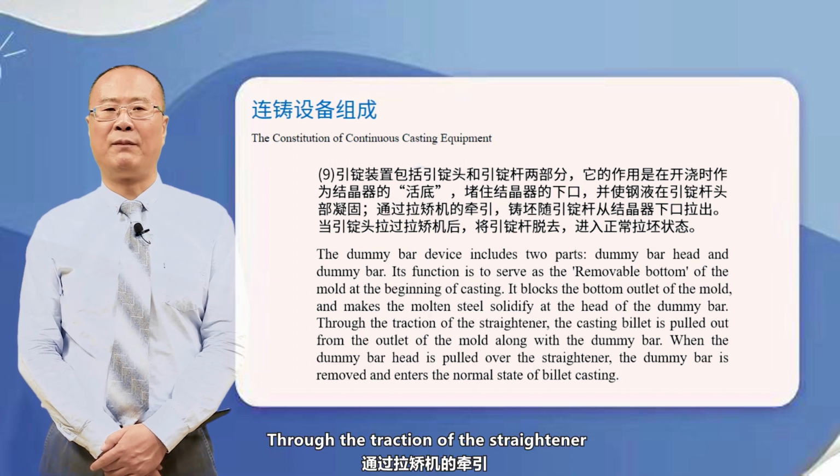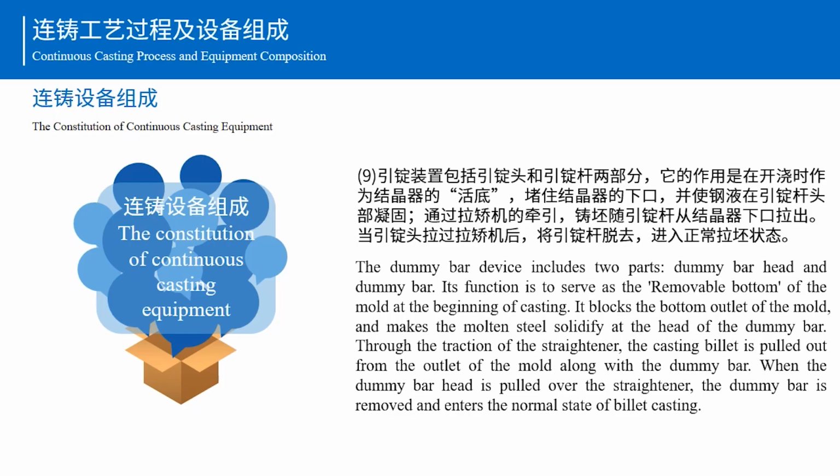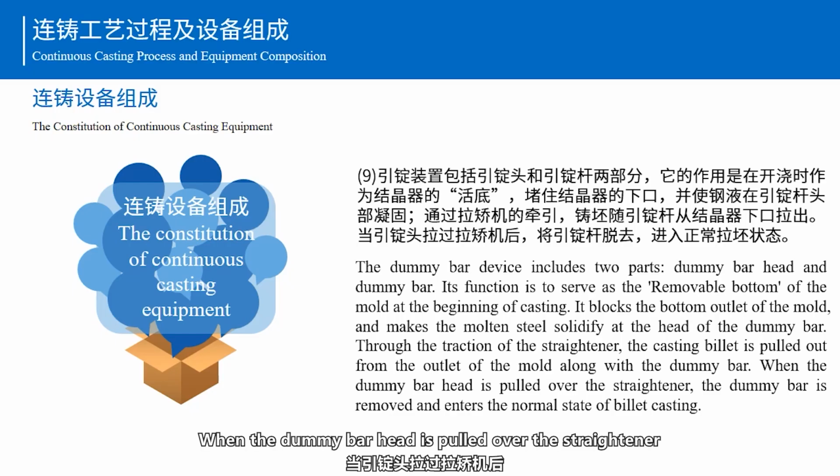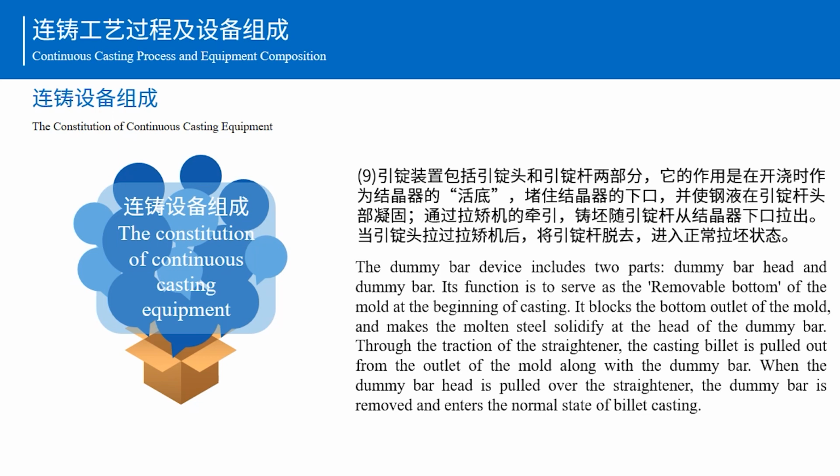Through the traction of the straightener, the casting billet is pulled out from the outlet of the mold along with the dummy bar. When the dummy bar head is pulled over the straightener, the dummy bar is removed and casting enters the normal state of billet production.